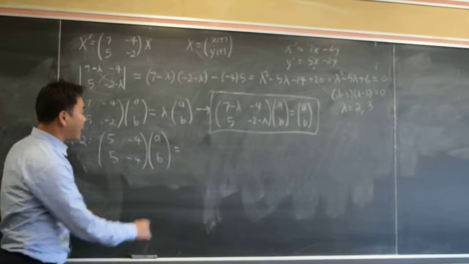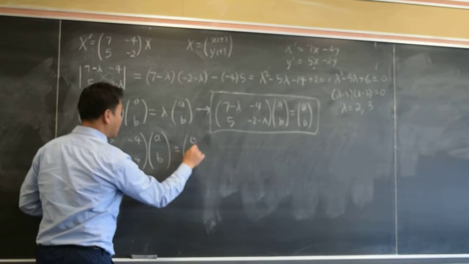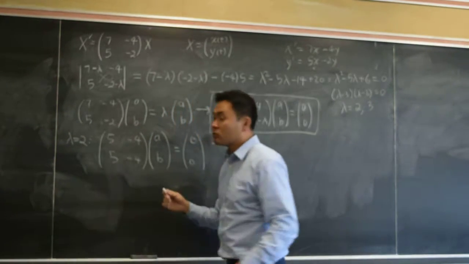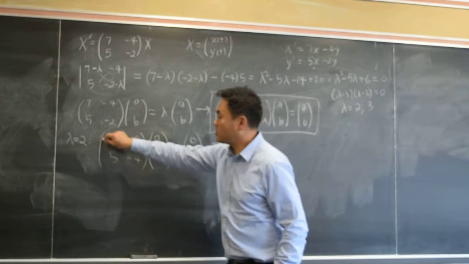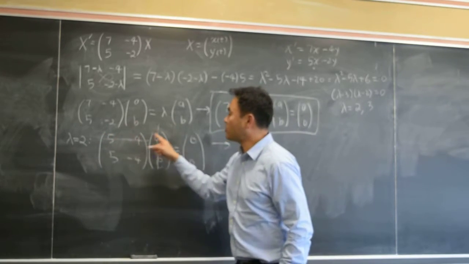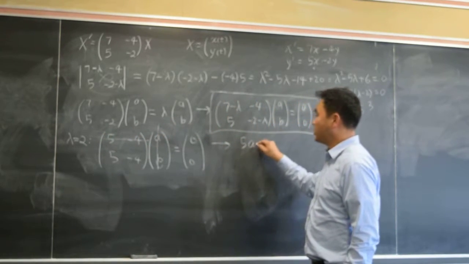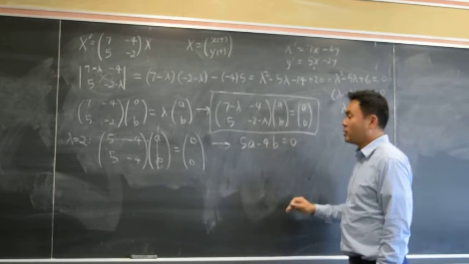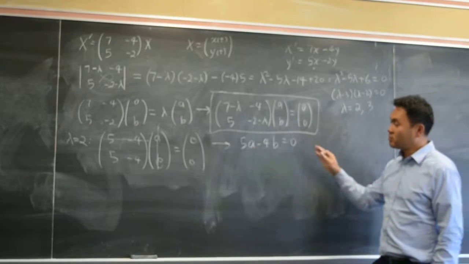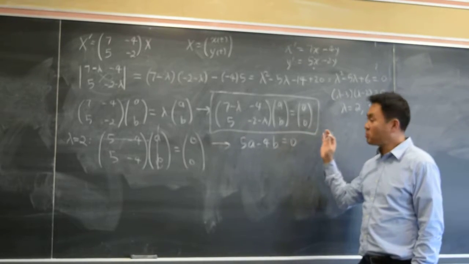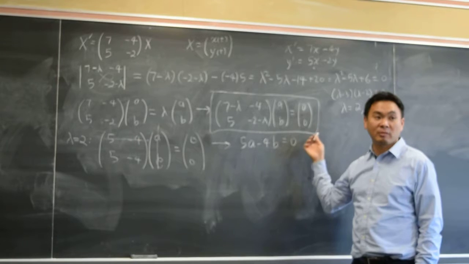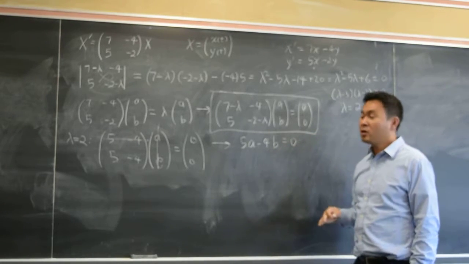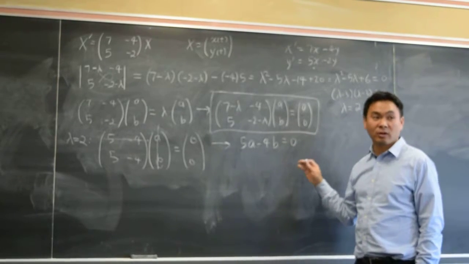So you're looking for a non-zero solution of this equation, and you're only going to read the first line, which is 5 times A minus 4B equal to 0. Because this is just a single equation with 2 unknowns, there are infinitely many solutions. You only need to find one.